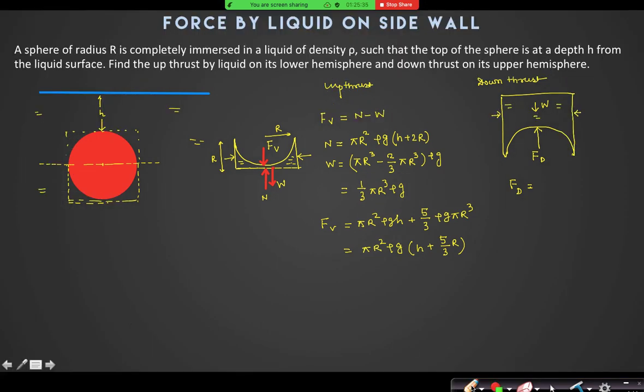One full cylinder means pi r square h plus 1/3 pi r cube, into rho g. So that should be your answer for down thrust: pi r square rho g into h plus r by 3. That is the down thrust and that is the up thrust.